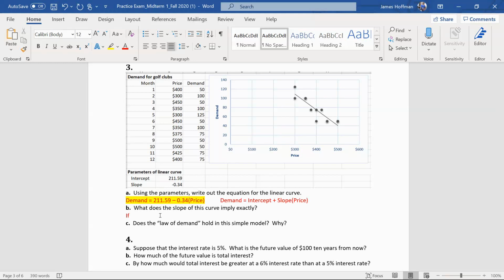So it'd be okay to say plus negative 0.34, which is the same as minus 0.34, but don't minus minus, because then it's technically a positive.